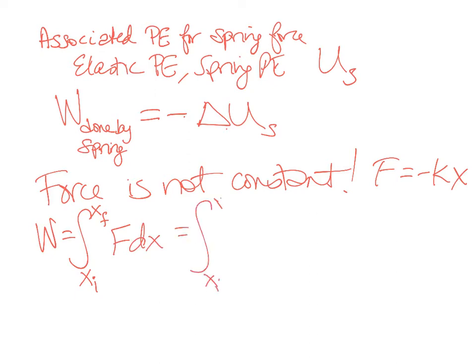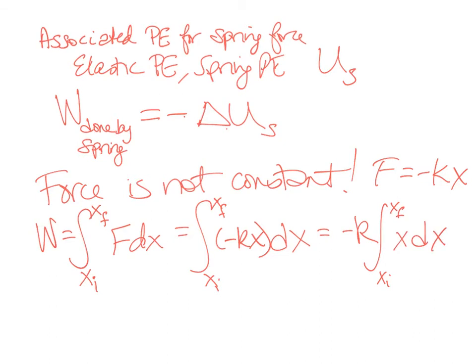so it's from xi to xf, and we've got a negative sign in here, and that's important. You keep it, okay? So negative k comes out, and all right, I'm going to give you a second to solve that while I move to the next page because I ran out of room.